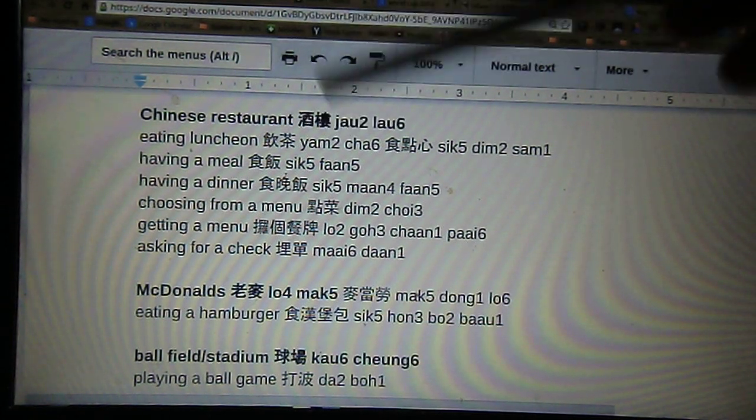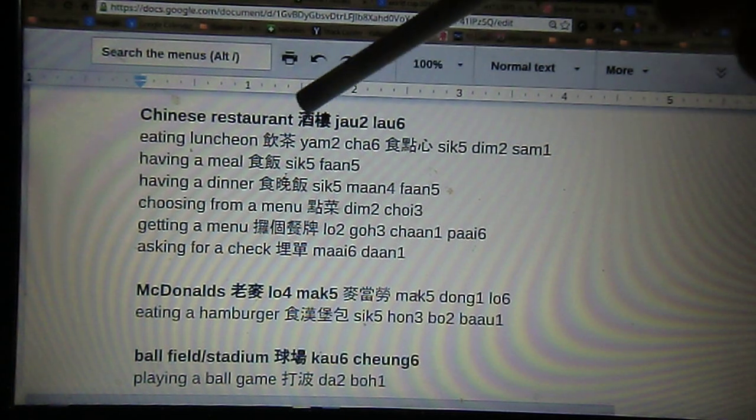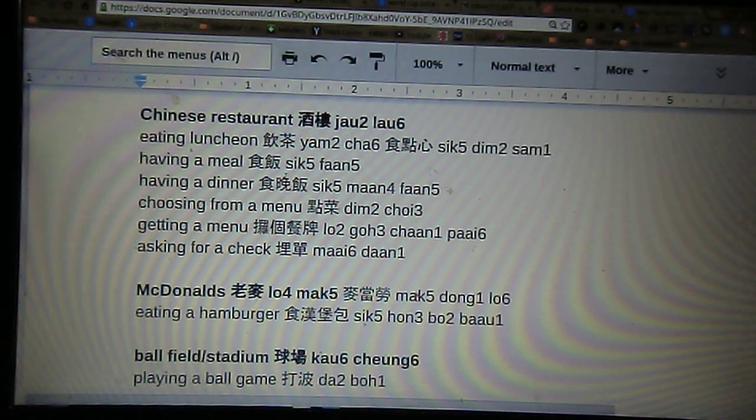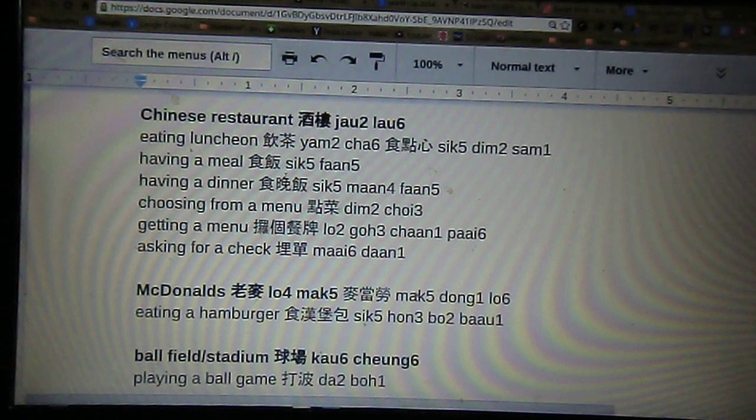But 酒樓 is actually not a place solely for selling wine. It's a place for eating. But then why is it called 酒樓? Well, because only the higher class restaurants will sell wine or hard liquor. So if you say 酒樓, it seems like it's of a higher class.